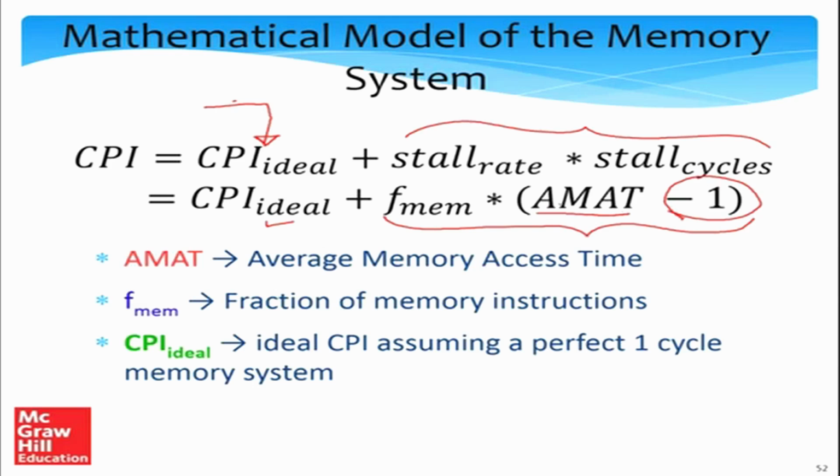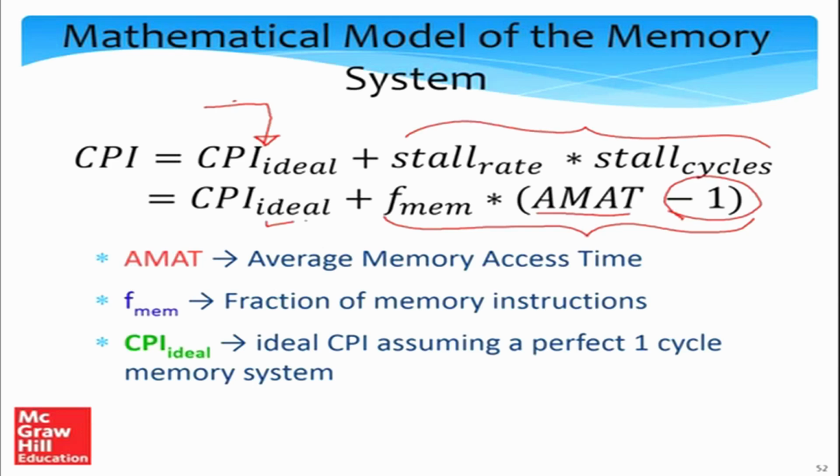If we multiply the average stall cycles per memory instruction with the fraction of memory instructions, we will get the average stall cycles per instruction. Then we add it to the CPI. One thing that we see is that as the fraction of memory instructions increases, the CPI will increase and the performance will go down. Similarly, if the memory access time increases, the CPI will also increase.